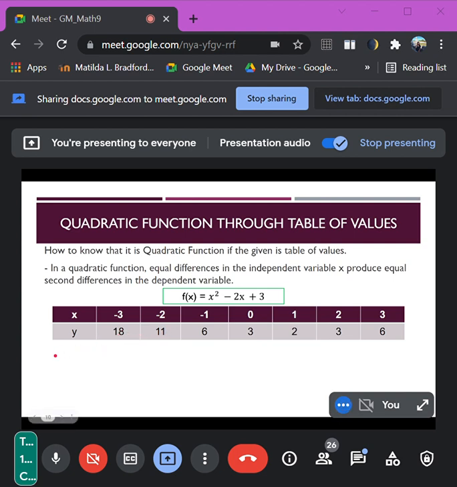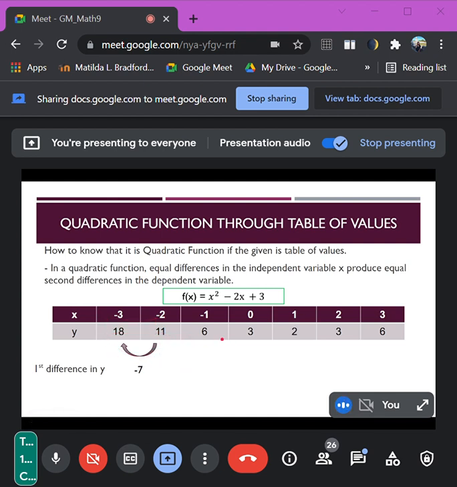You subtract, and that is your first difference in y. 18 minus 11 is 7. 11 minus 18 is negative 7.